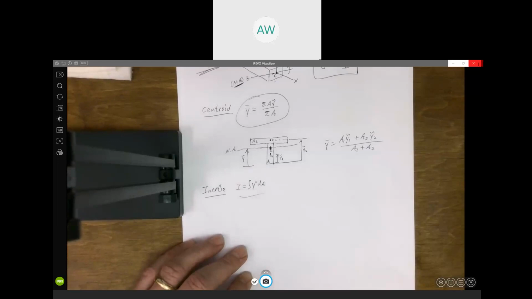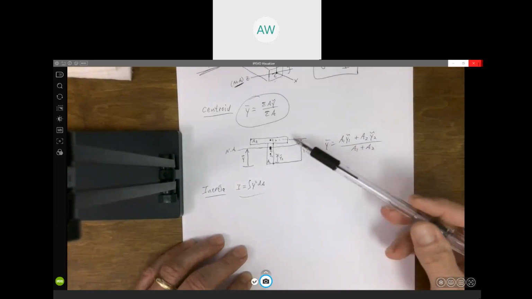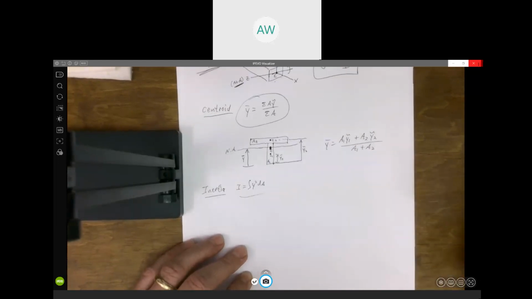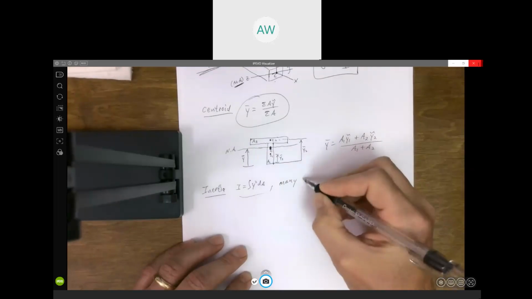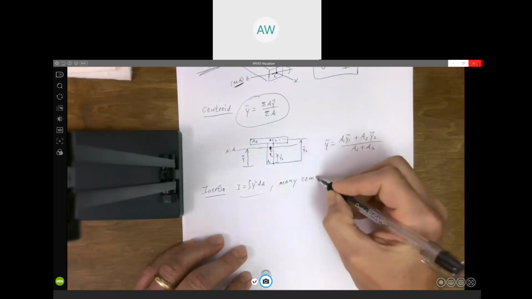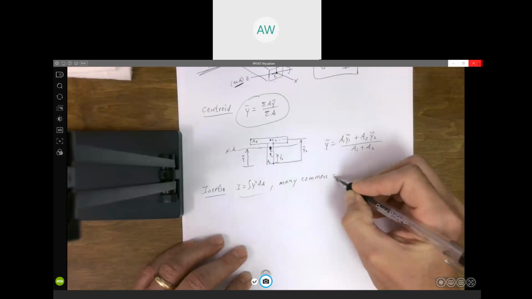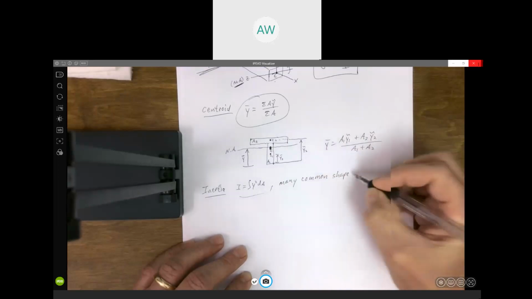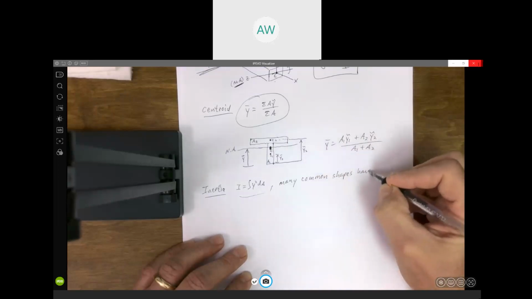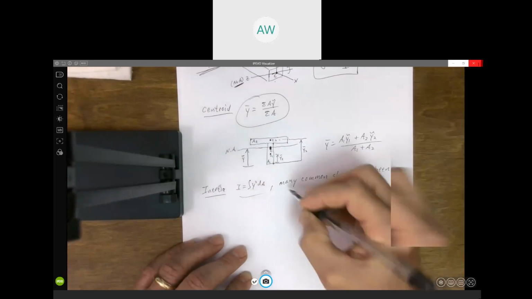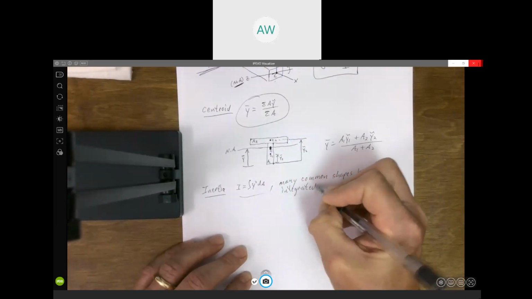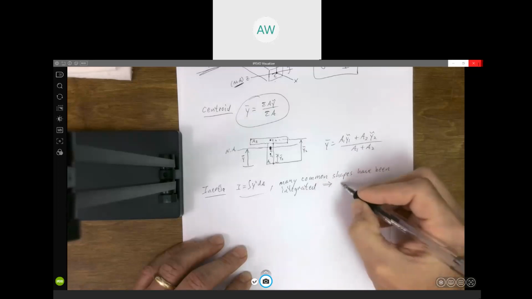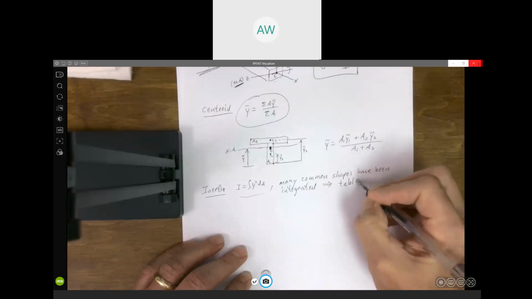These areas are going to be some combination of simple common shapes, and many of these common shapes have been integrated for us. And the results are in a table.